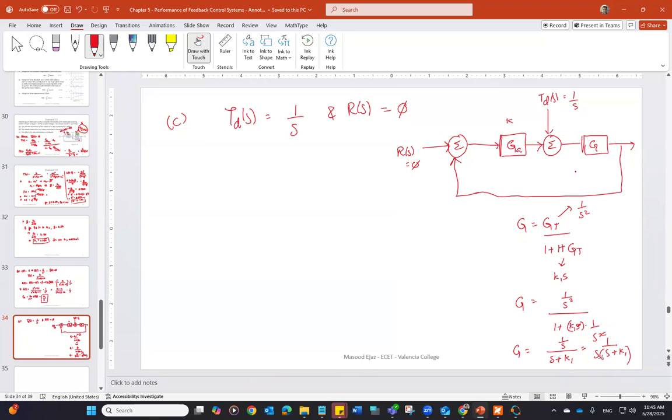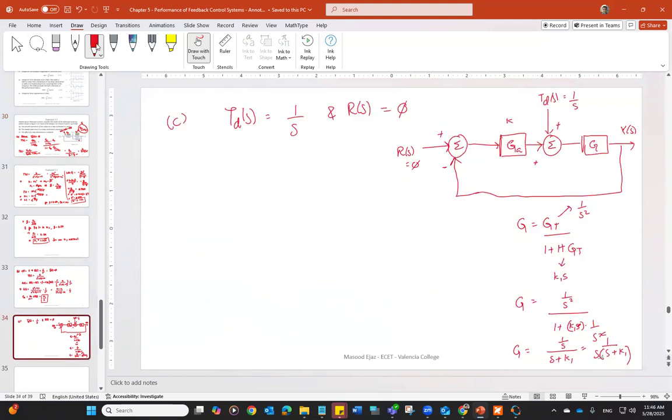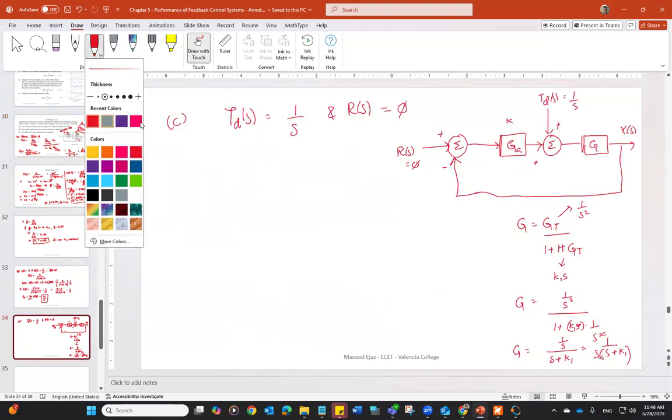Okay, so now from this block diagram, this is my Y, this is negative, this is positive, and then this is all positive. This is positive, and this is positive. Positive, positive, and then this is negative. Okay, so let's go ahead and write down the expression for Y in terms of TDS.